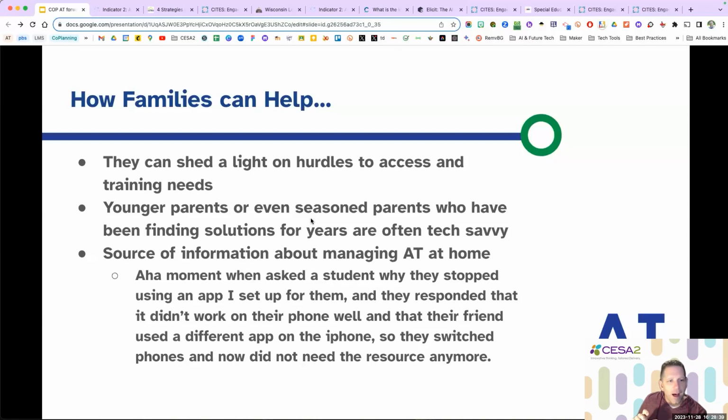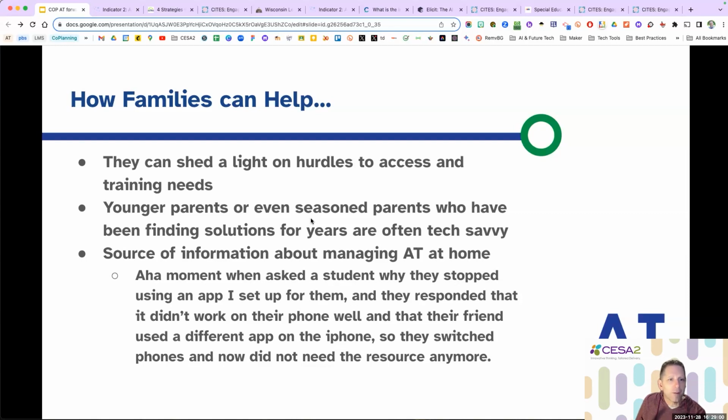And then, how are they managing AT at home? If we're data sharing, sharing what's going on in school while they share what's going on at home, it builds a better picture for the IEP team to find solutions.